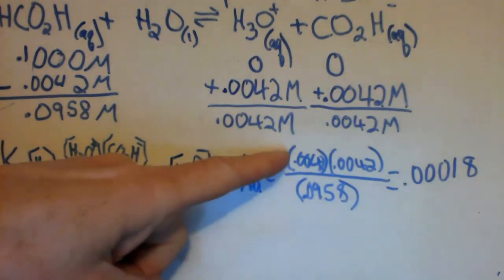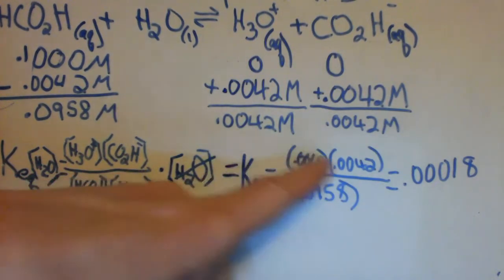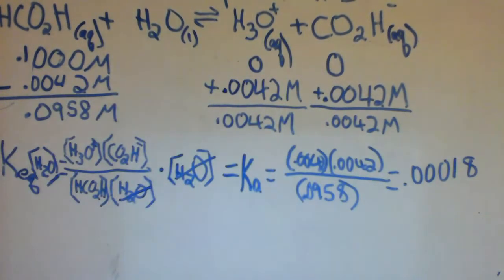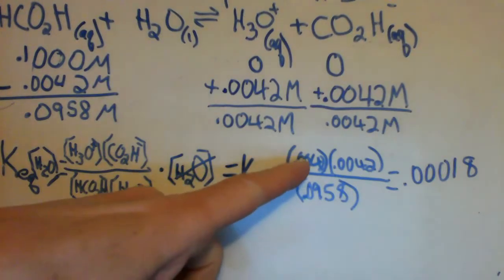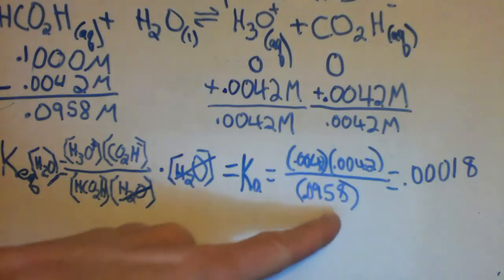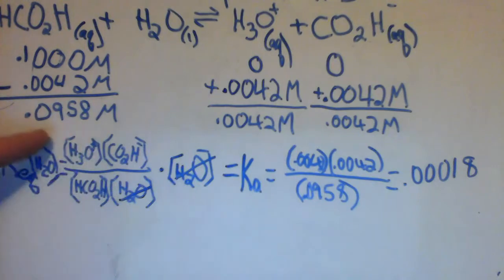So we replaced the concentration of hydronium and the concentration of the conjugate base of formic acid with 0.0042. We replaced the concentration of formic acid with 0.0958 molarity.